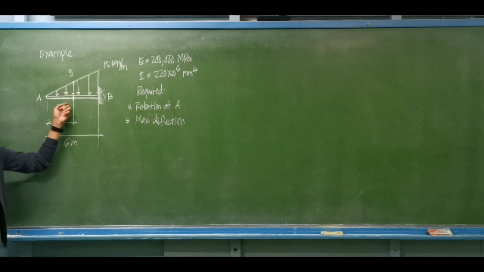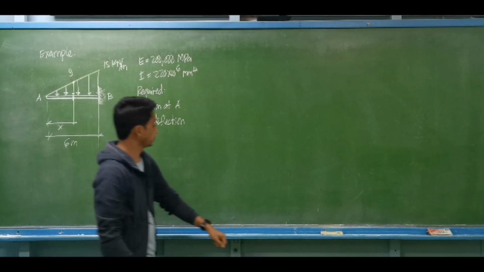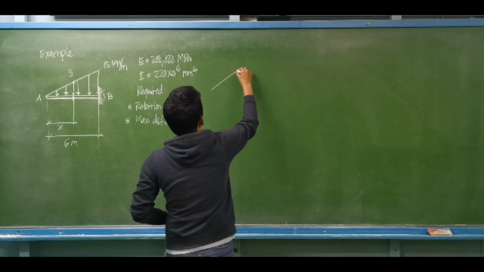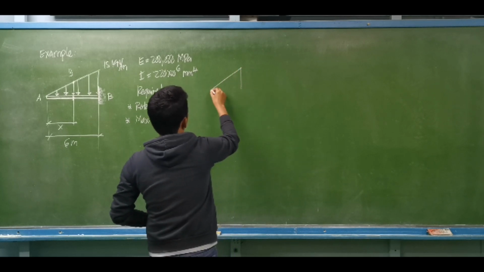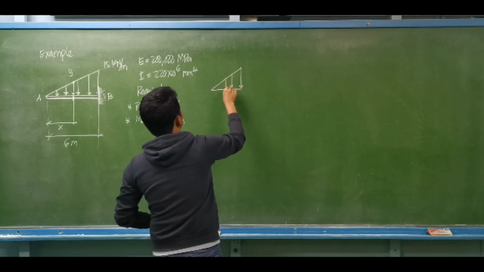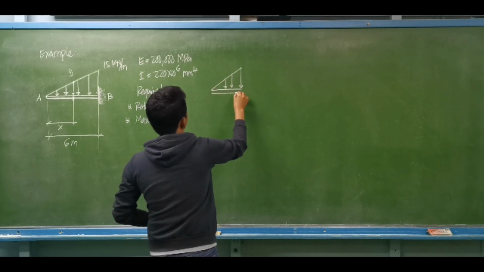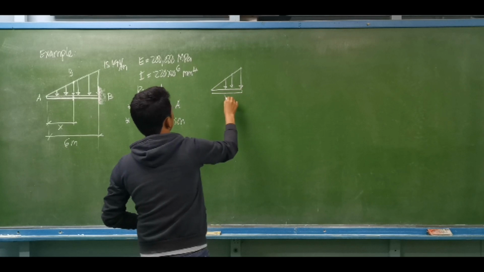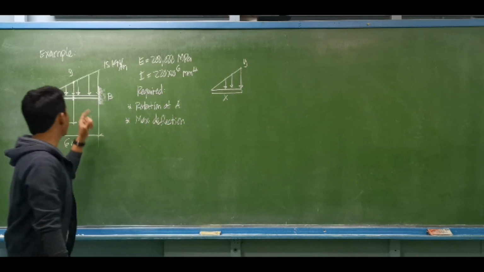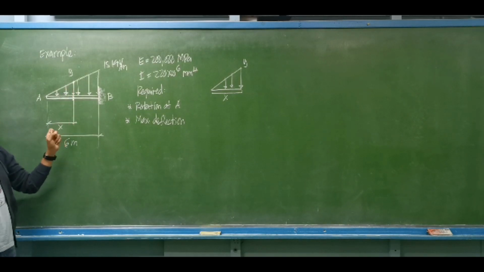So we cut this section, then expose it. Again, we don't know the magnitude of this y at the distance x.